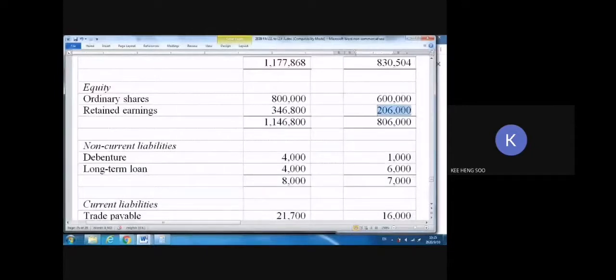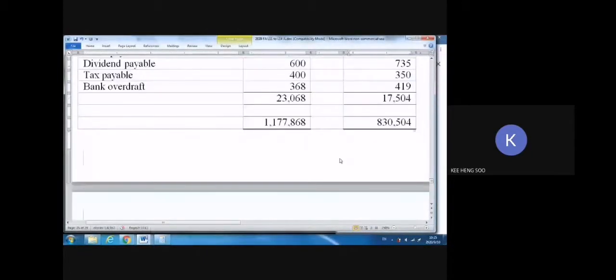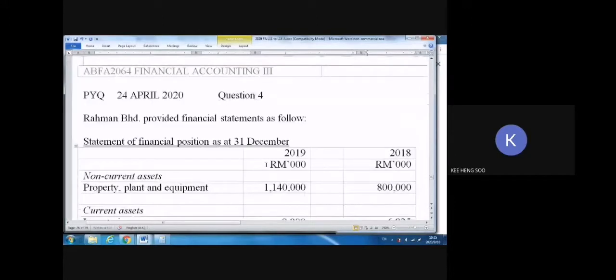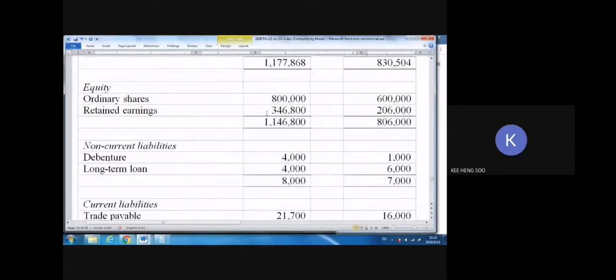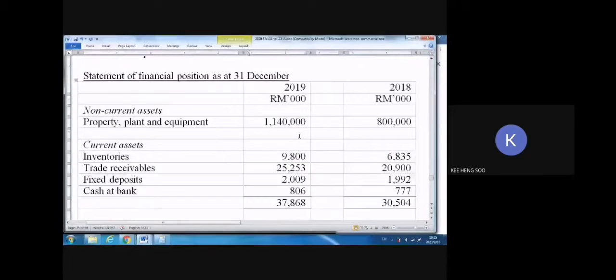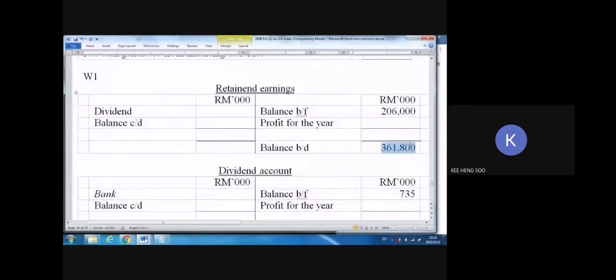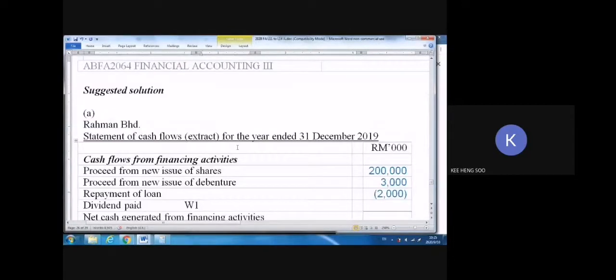It should be based on this retained earnings 206. This one should be 206. I think I made a mistake here. 206 and 346,800. This one should be like that. Then current year profit. How much is your current year profit?